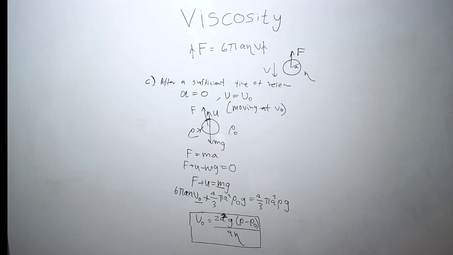You have to get 2a squared G rho minus rho naught divided by 9 eta. Did you get that? Thumbs up if you are done. Right.